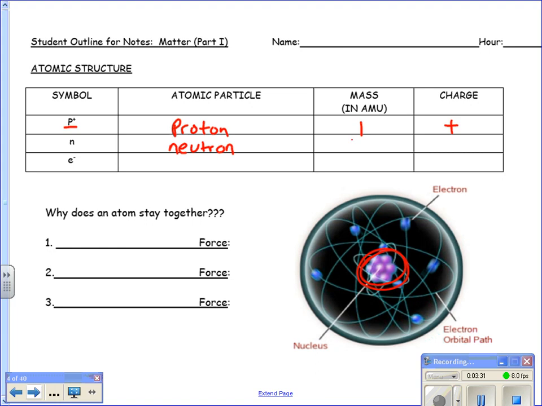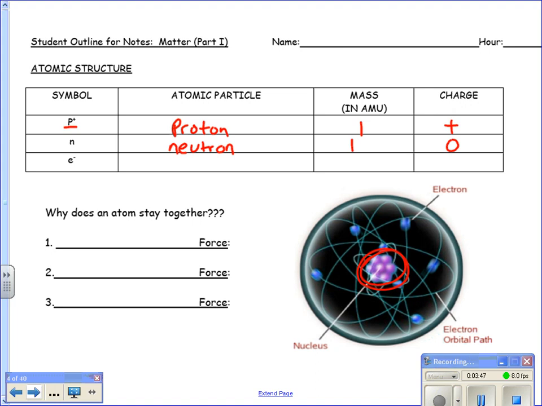All right, neutron has an atomic mass unit of 1 and a charge of 0. No charge, nada. The electron symbol is a lowercase e with a superscript negative.